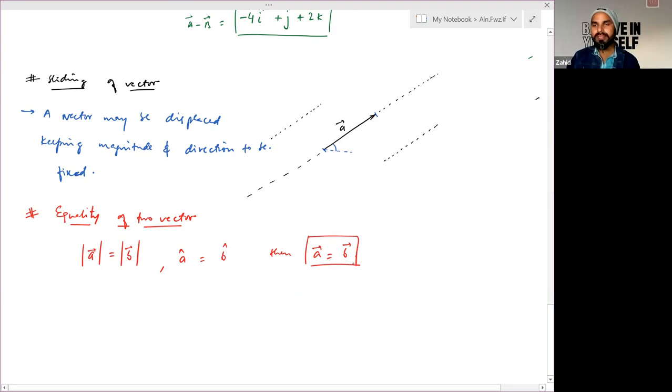That is, both magnitude as well as direction of them should be equal. So this is magnitude and this is direction.